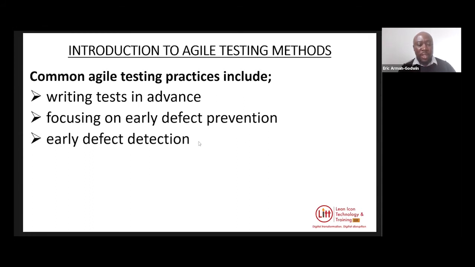Again, in terms of testing, we want to do early defect detection. We're not talking about the tester here, we're talking about testing. We want to ensure that defects are detected very early. In both cases, prevention and detection, I want to say that prevention can be done in advance.